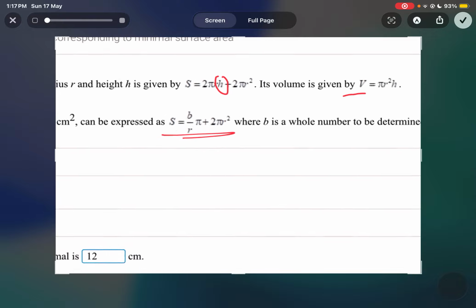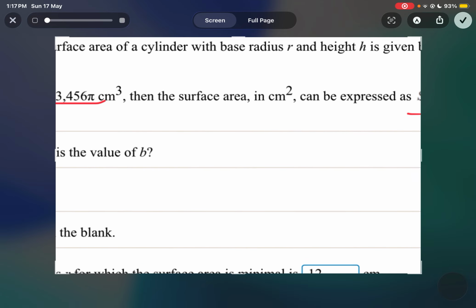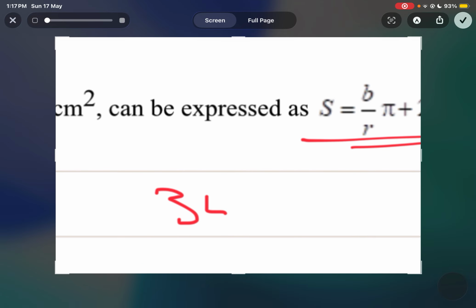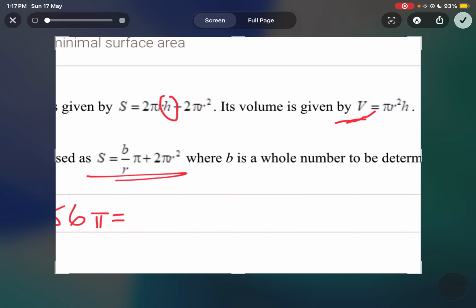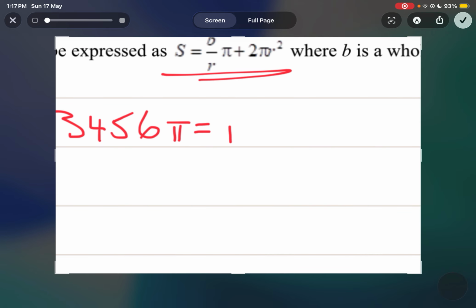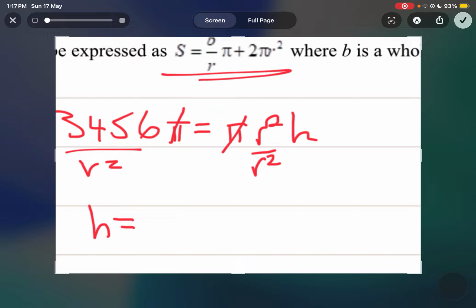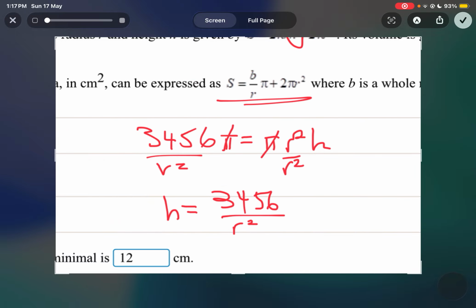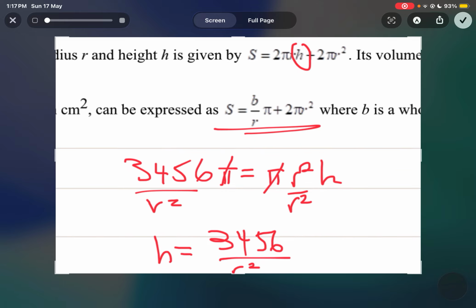Let's take the volume, which is 3456 pi, equal to pi r squared h. You can cancel pi, divide by r squared. So h now will be equal to 3456 over r squared, okay? That's the first step.